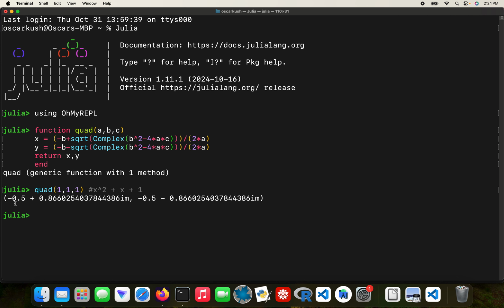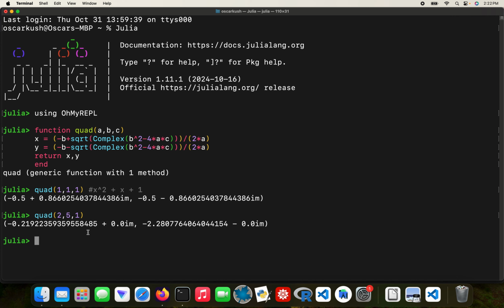So minus a half plus 0.866 and so forth, imaginary part, and then the negative half, and the negative 0.866 and so forth, imaginary part. Cool. And another one, quad 2, 5, 1, so 2x squared plus 5x plus 1. Those are non-complex roots.